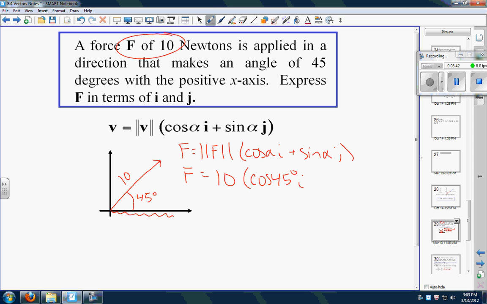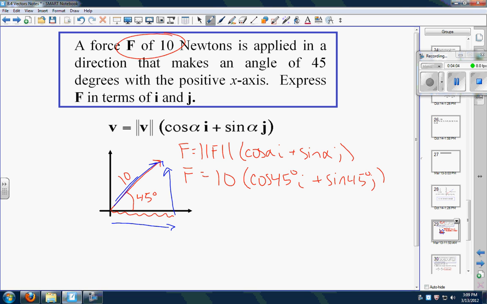Remember, there's two components to it. In order to push on an angle here, you've got one thing going this way, one thing going this way. Here's the vector that connects them both. So sine of 45 degrees j, and now we just have to evaluate this.